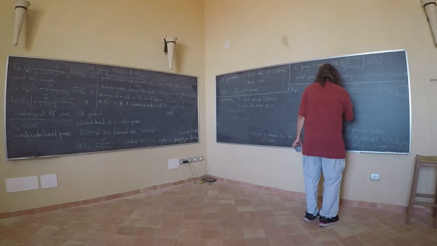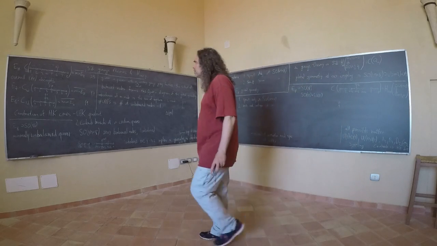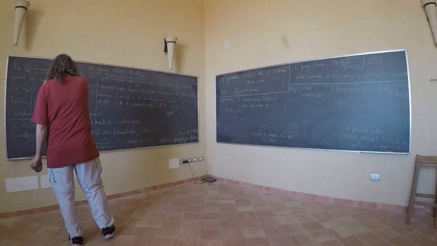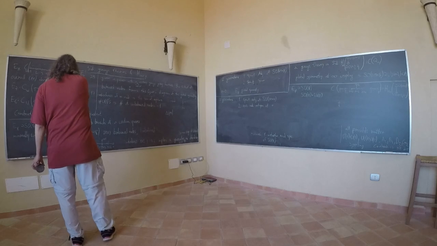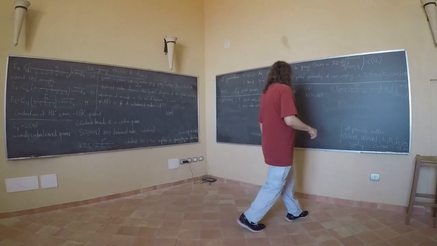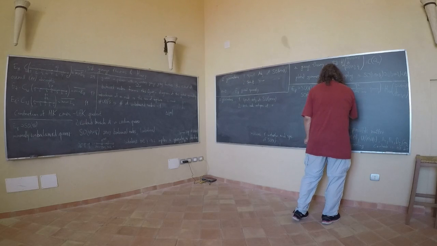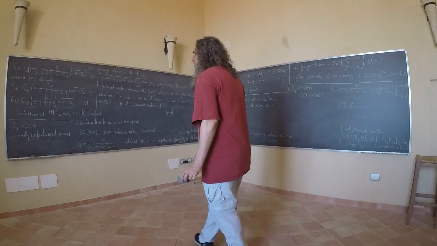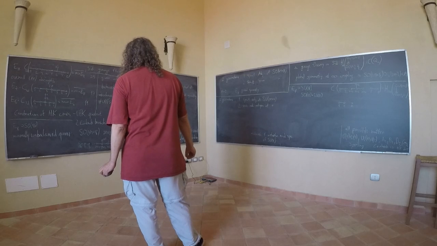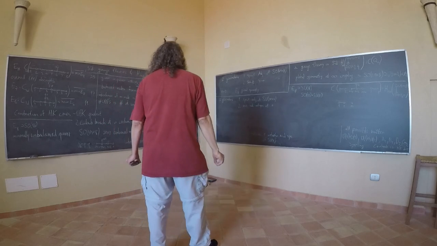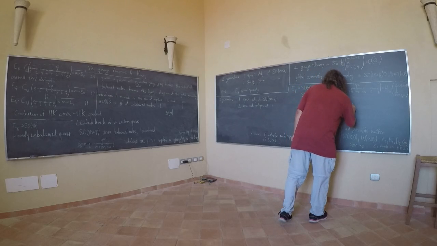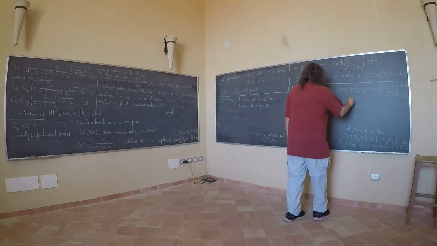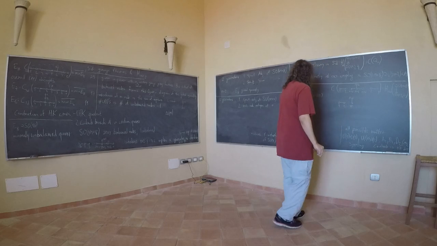I'll have 1, and n, in this case, 2n, like that, and this one will be balanced by n.